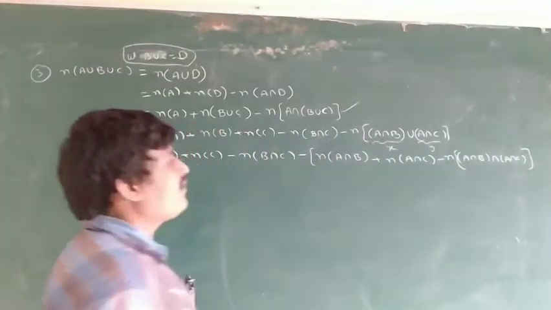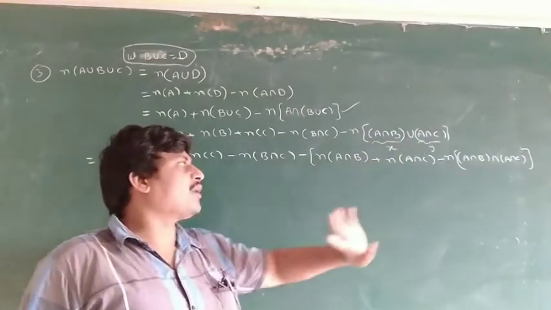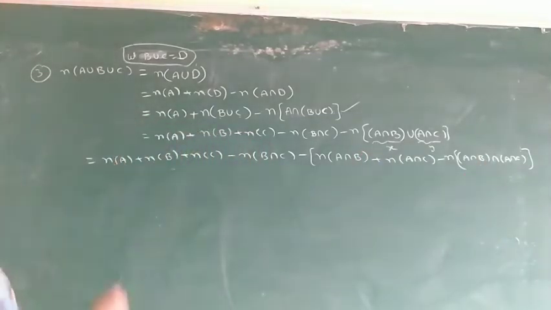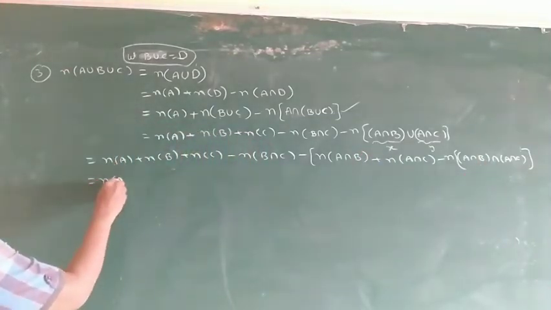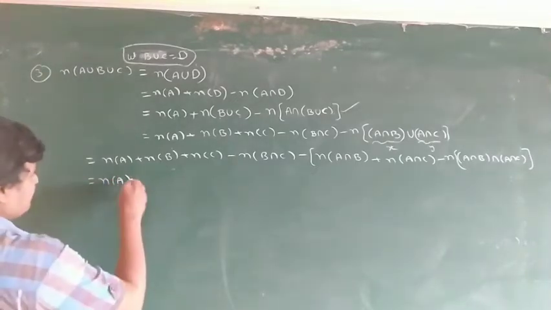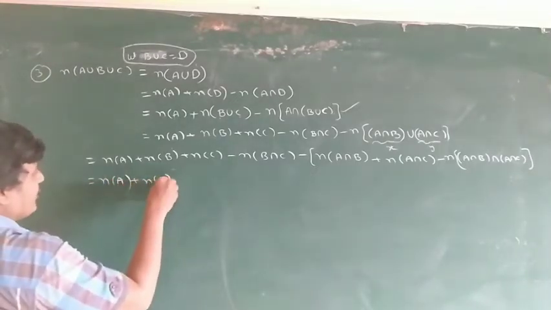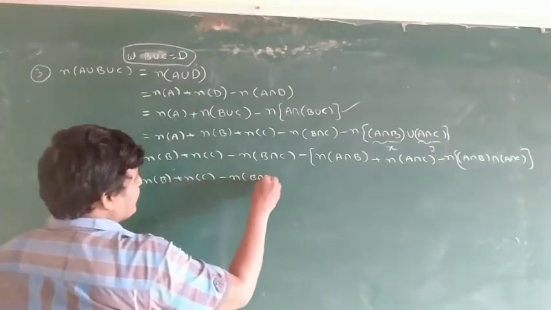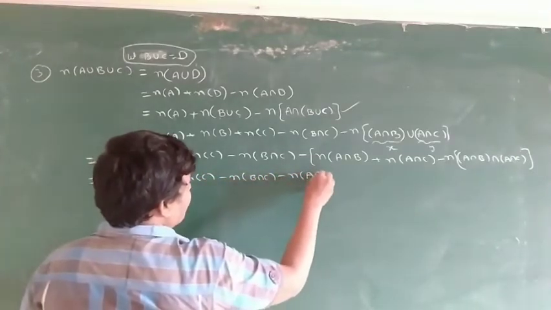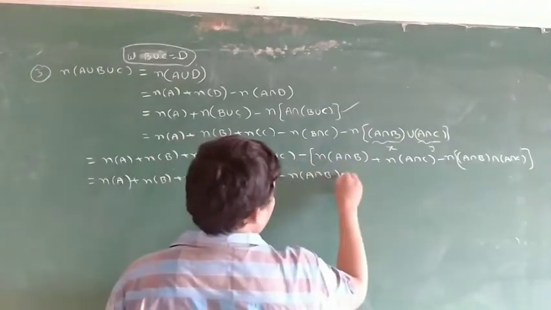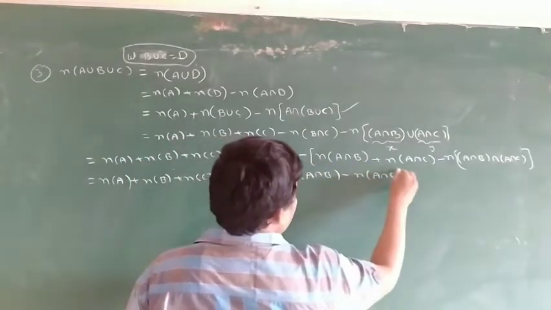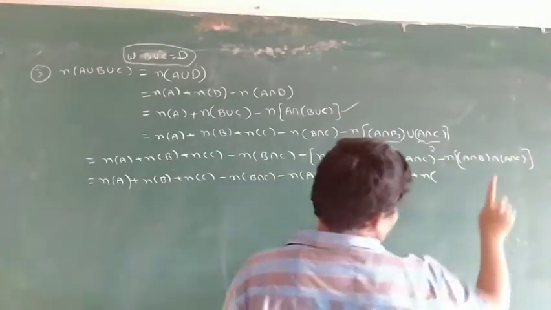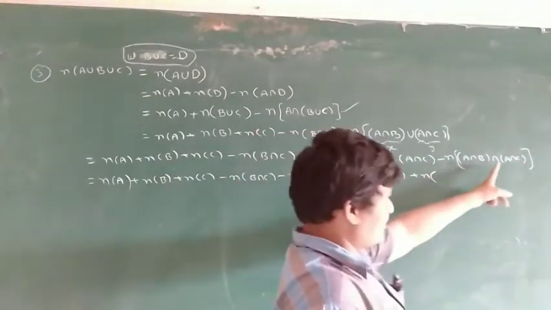This is again the second formula, the A union B formula: n of A plus n of B minus n of A intersection B. This is the final one: n of A plus n of B plus n of C minus n of B intersection C minus n of A intersection B minus n of A intersection C plus n of A intersection B intersection C. These all are intersection operators with only a single operator.